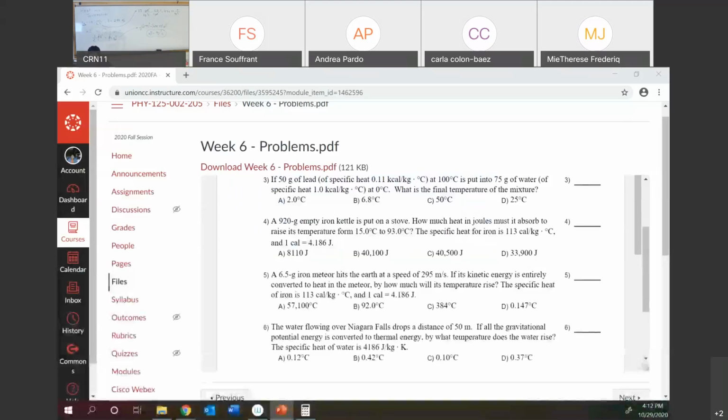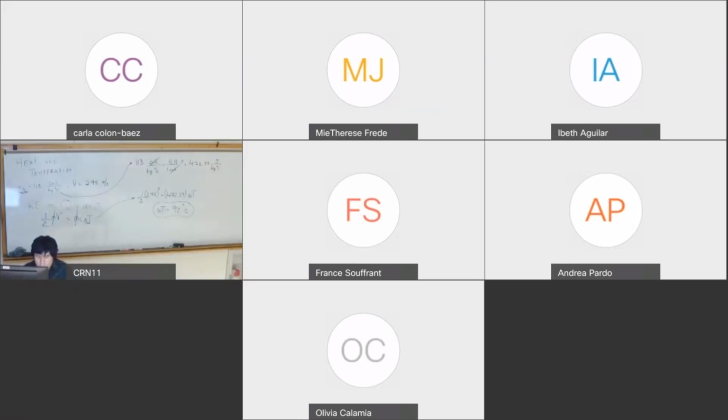Okay, so let's talk about thermal equilibrium. Imagine you have a cup of water at room temperature, 20 degrees Celsius. And then you place a piece of copper or iron or silver, which is very hot, into the water. What's going to happen with the temperature of water?